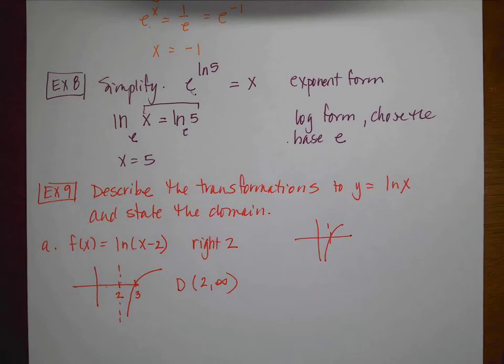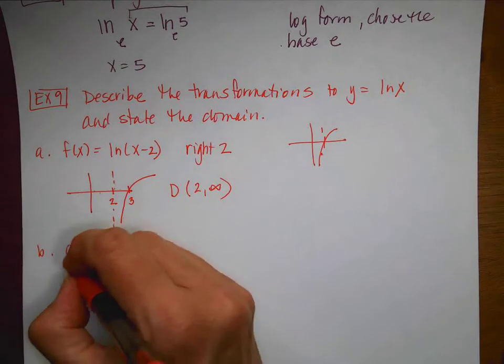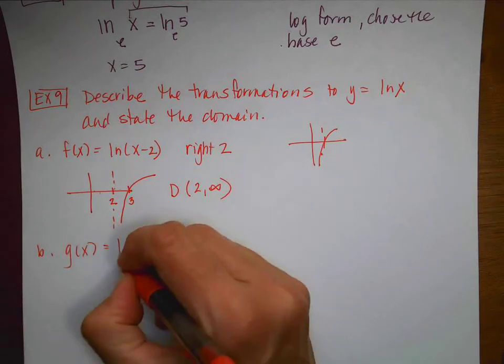So the domain is going to be from 2 to positive infinity. Being able to graph the original and what happens oftentimes makes it easier to develop what your domain is, especially if you're doing it by hand and not in your grapher.